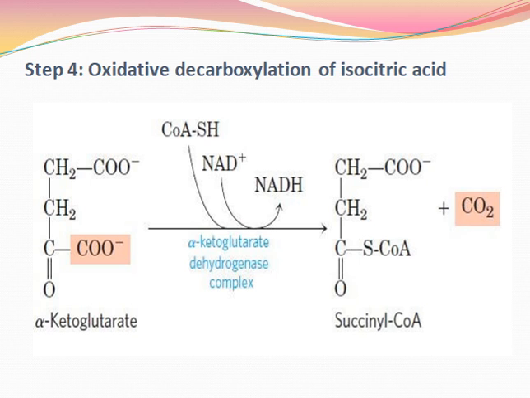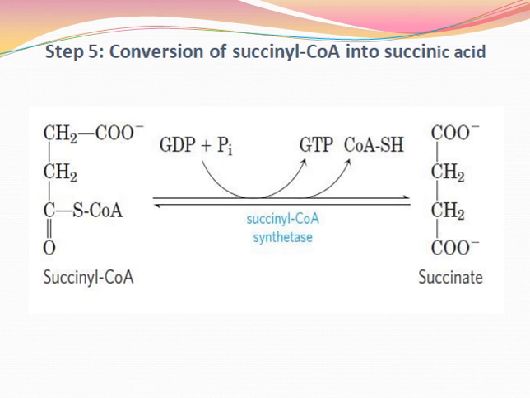Then step 5, conversion of succinyl coenzyme A into succinic acid. In this step, succinate thiokinase converts succinyl coenzyme A to succinic acid. The energy released by hydrolysis of the coenzyme A bond is utilized for conversion of a molecule of GDP to GTP.